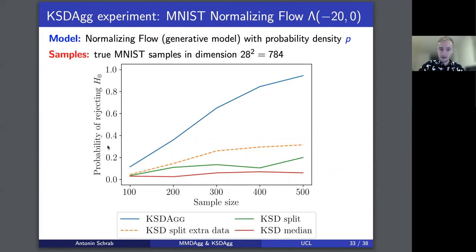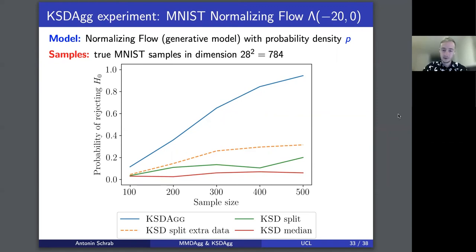Essentially, only our KSDAG test in this experiment is able to detect that the samples are not drawn from the normalizing flow. And we observe that we outperform the Oracle test, the one that uses extra data to select an optimal bandwidth. This is similar to before.